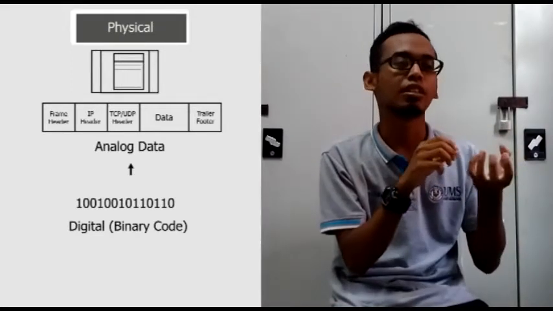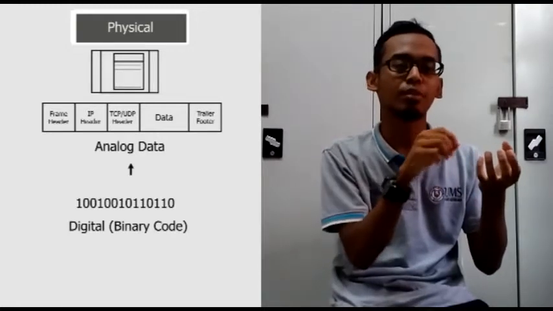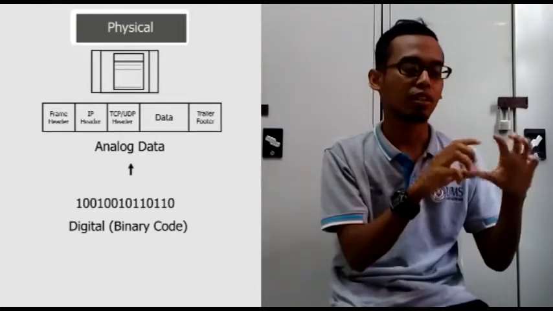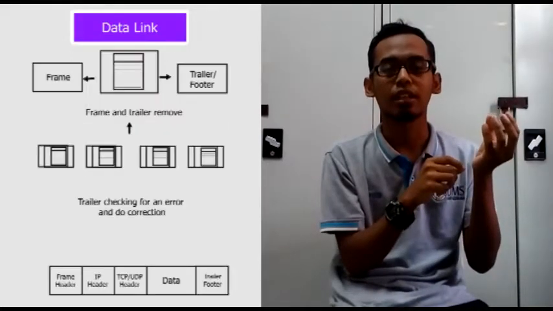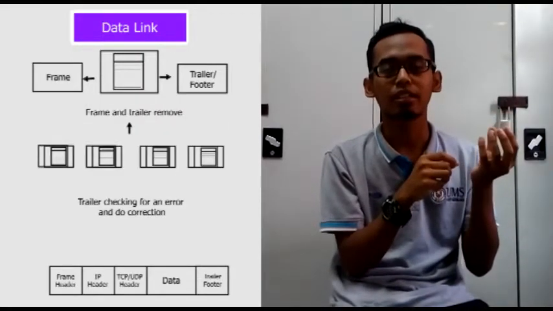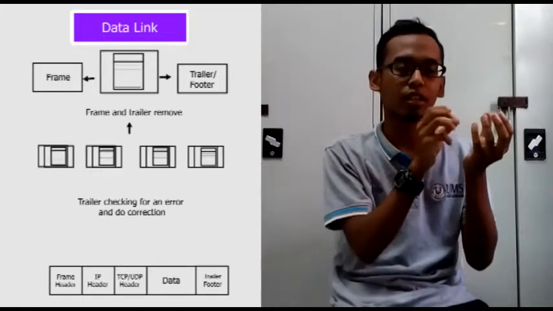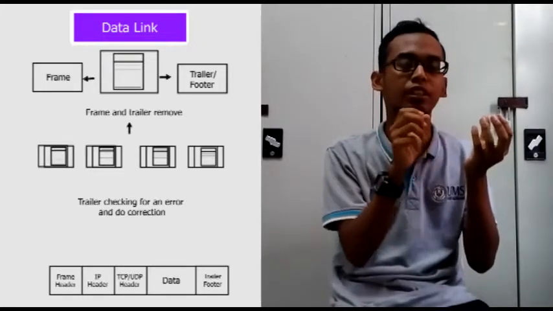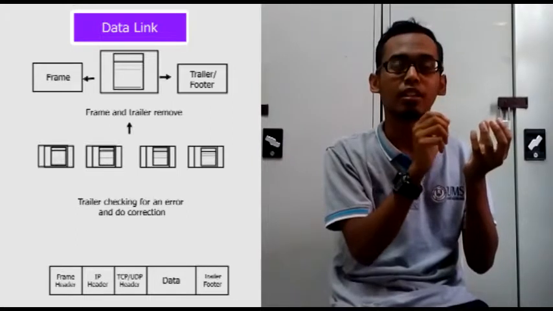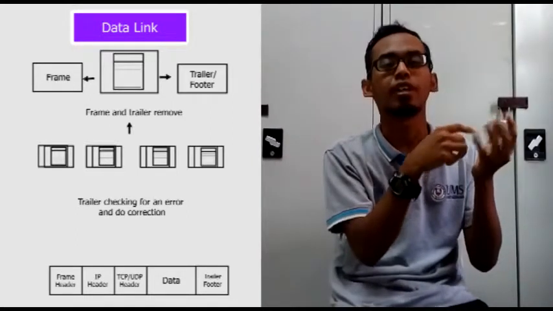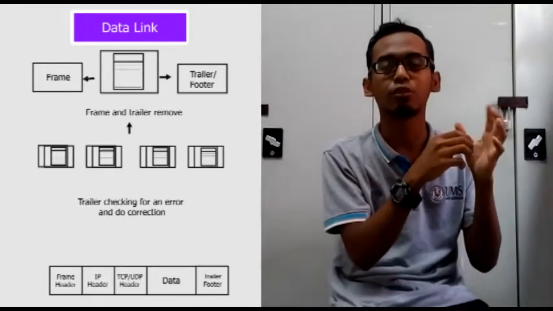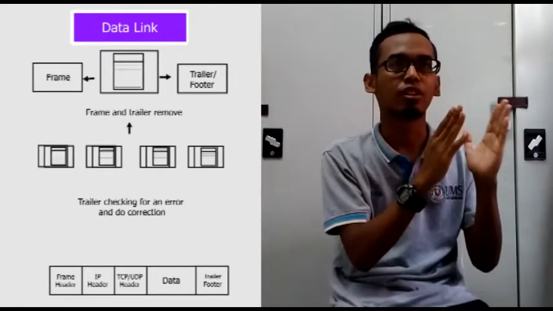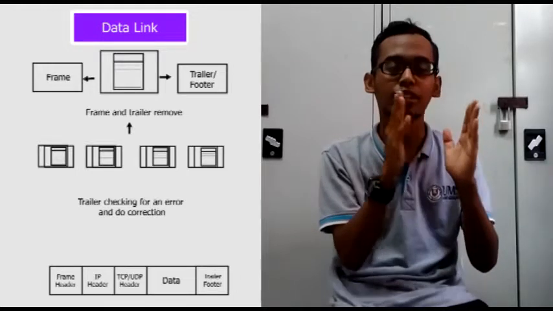This means 102 and ABC, and so on. Then the small packet of data goes back to the data link layer, where the trailer functions to check for any errors or mistakes that need to be corrected.